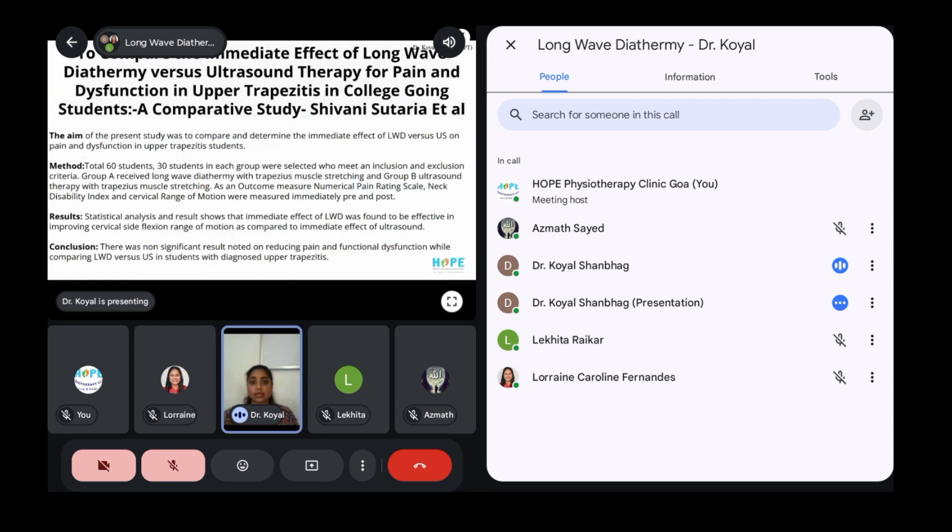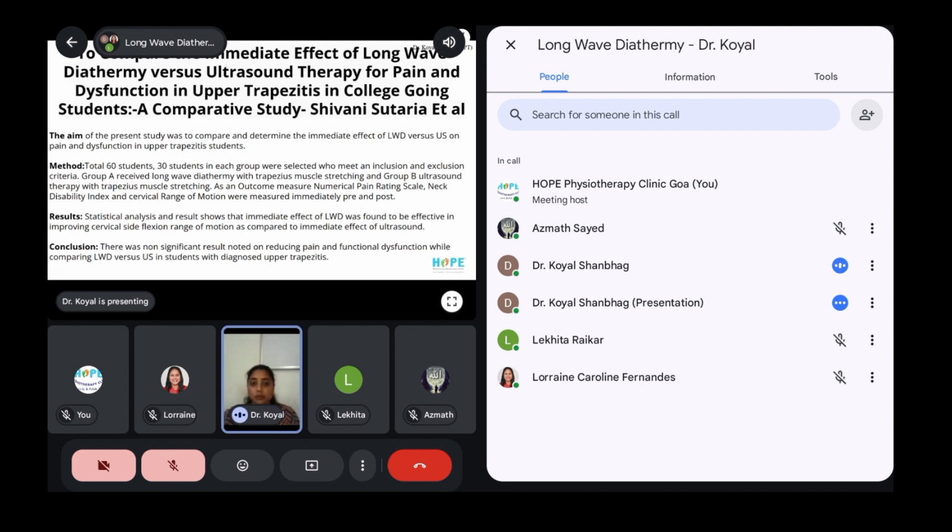There was another study conducted to compare the immediate effect of long-wave diathermy versus ultrasound therapy for pain and dysfunction in upper trapezitis in college-going students. Upper trapezitis is very common. Sixty students were taken, 30 in each group.